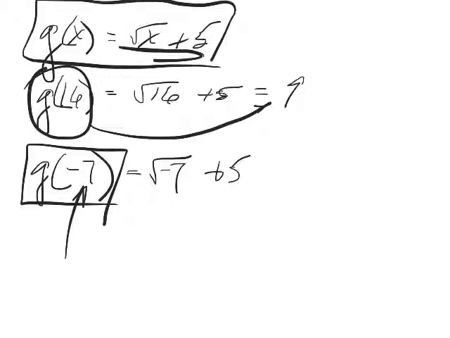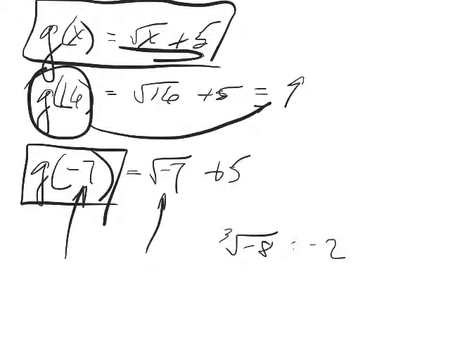So the rule is that whenever you put a number in a function, and if it makes the denominator 0, or it gives you a negative radicand in an even root, so like the square root of negative 7, I mean if I had the cube root of negative 8, that equals negative 2. That works.